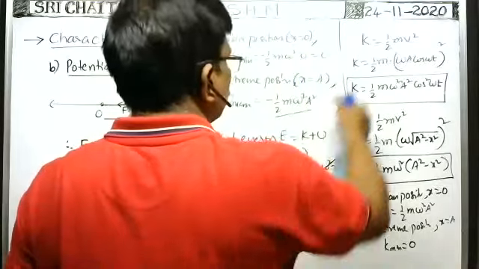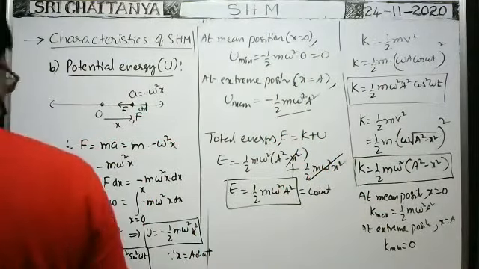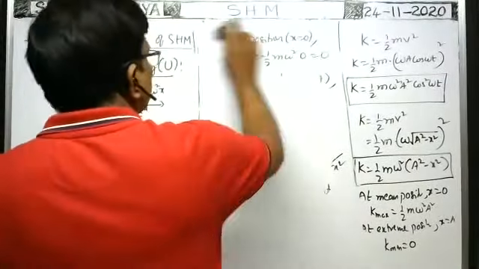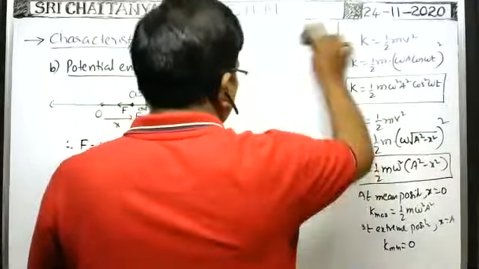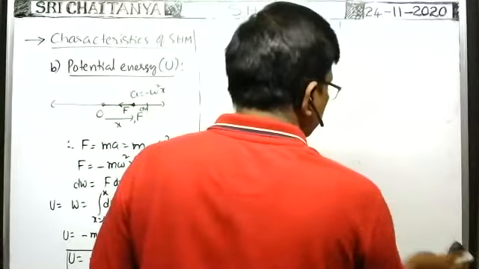Now, how do kinetic energy and potential energy vary with time? Graphically, we have to represent this.